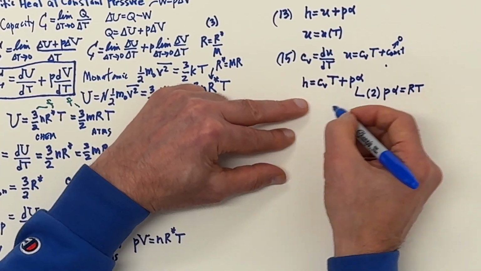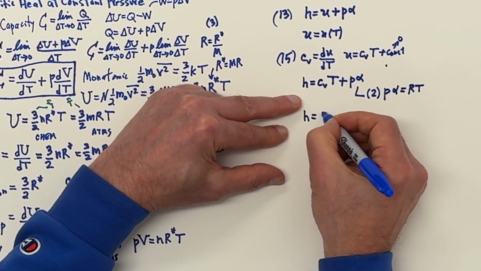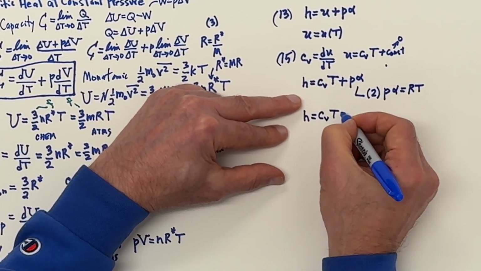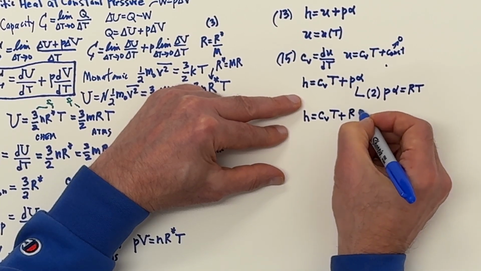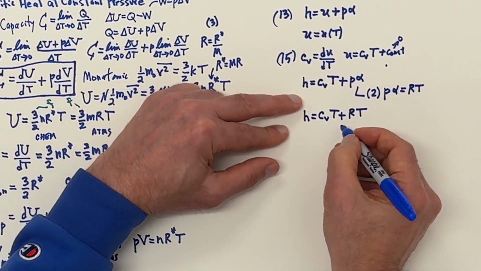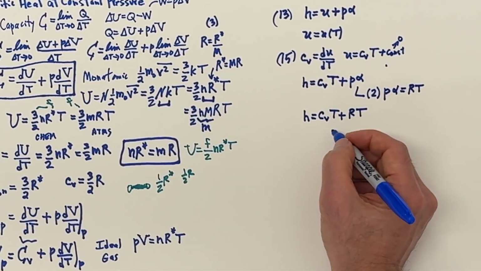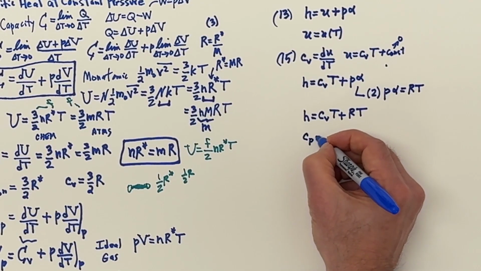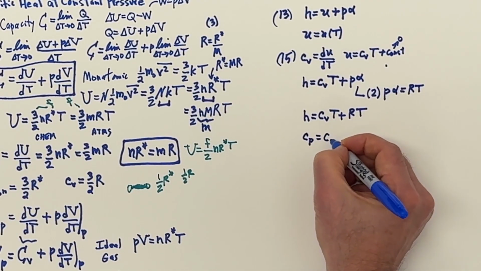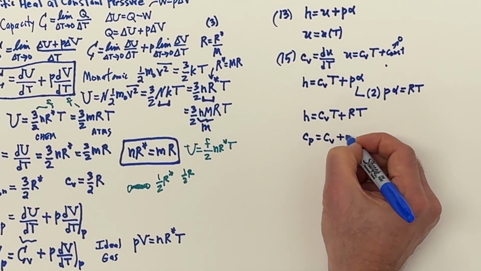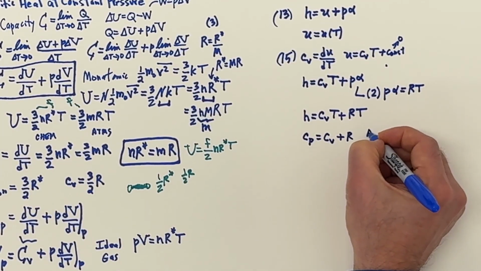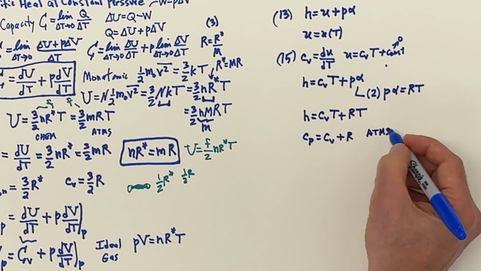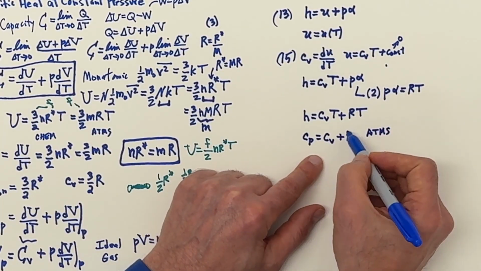So doing that, we get h is C_V T plus RT. But wait a minute, we already have shown that the specific heat at constant pressure is equal to the specific heat at constant volume plus R, using atmospheric science terminology. So if that's the case, look at this.